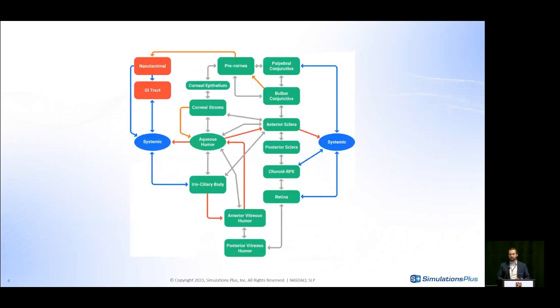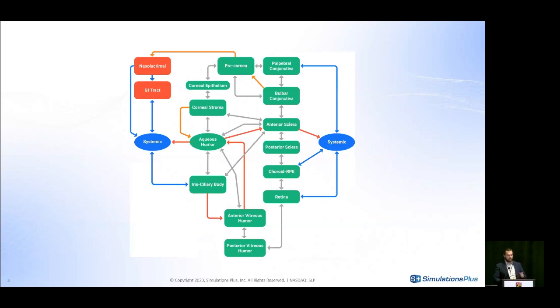And you can see here on the screen the current structure that we have for the ocular PBPK model within GastroPlus. We have an active collaboration with the FDA, so the structure of the model has been evolving a lot over the last few years.